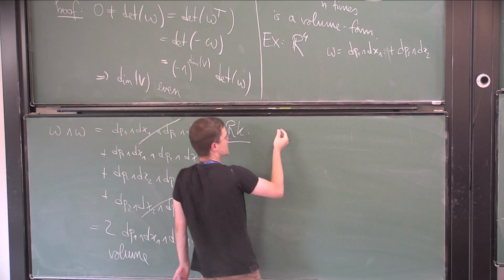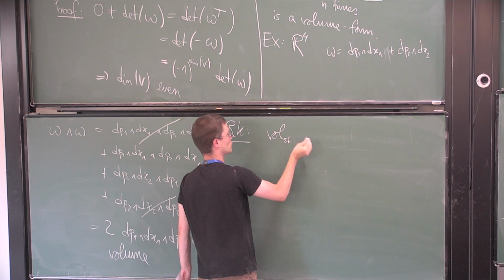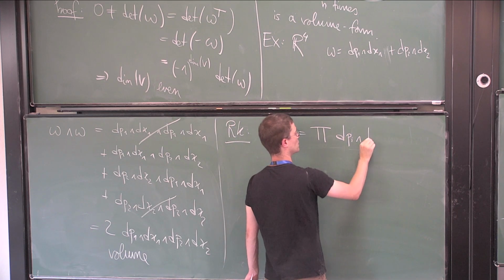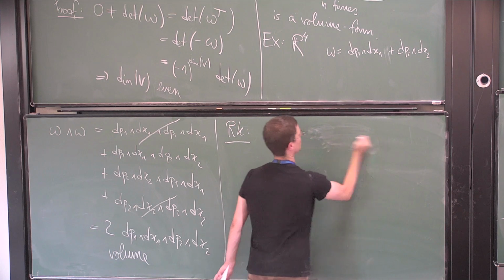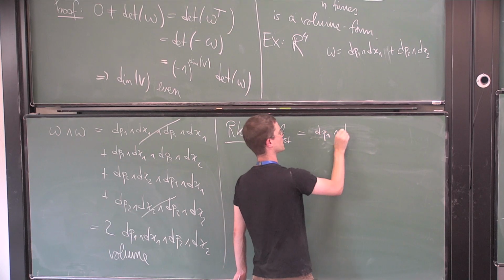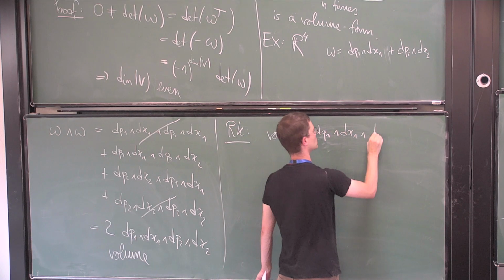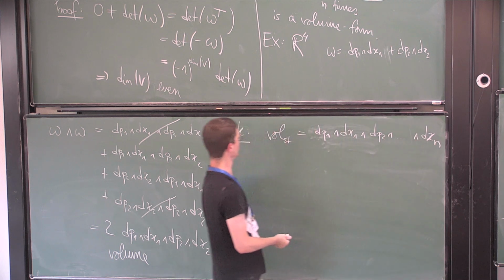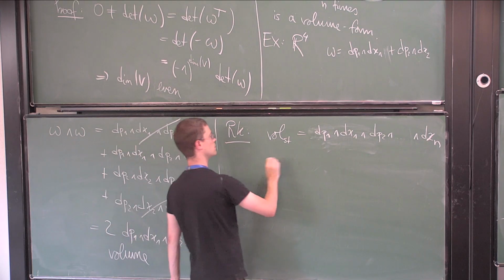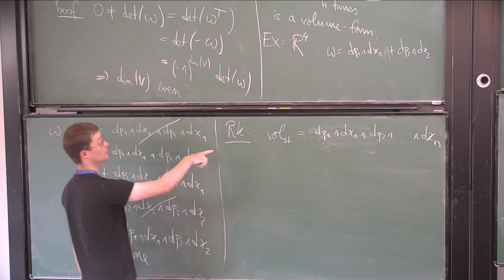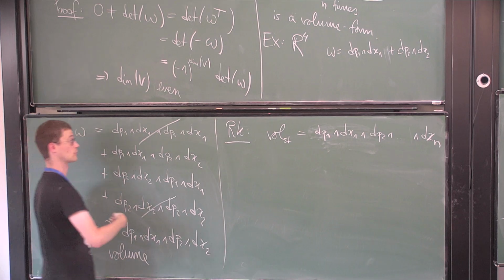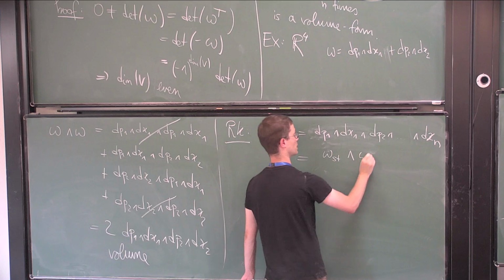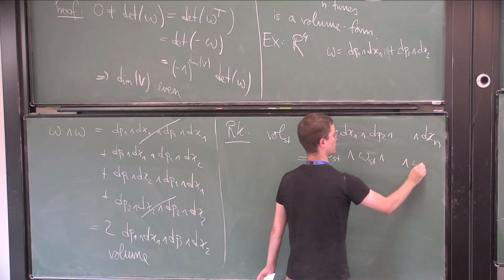And in general, the standard volume form is dp1 wedge dx1 wedge dp2 and so on, up to dxn. So this is the standard volume form. If you want to get this standard volume form from the standard symplectic form, what you should do is take omega_st wedge omega_st, n times.